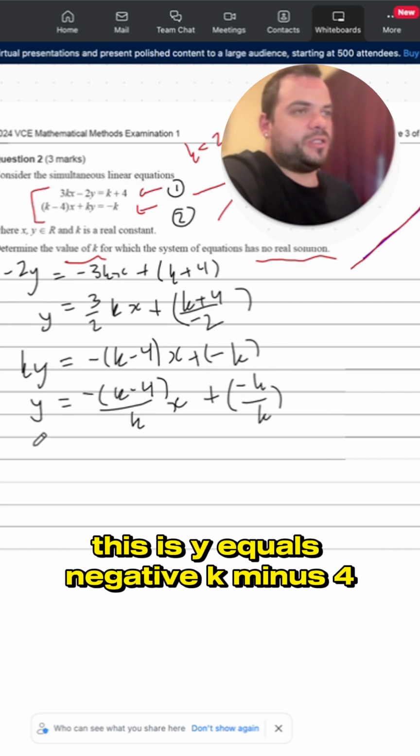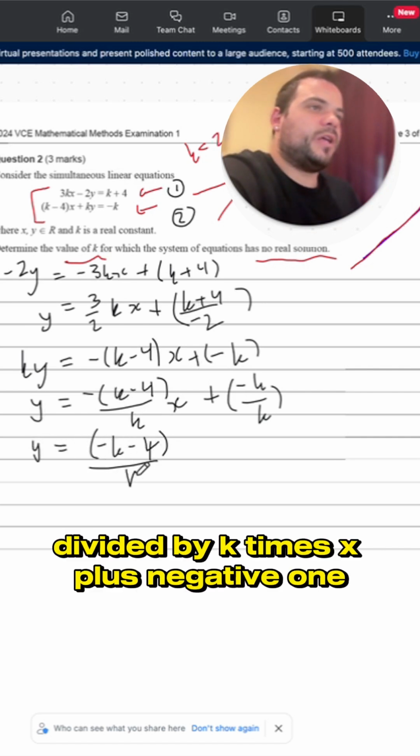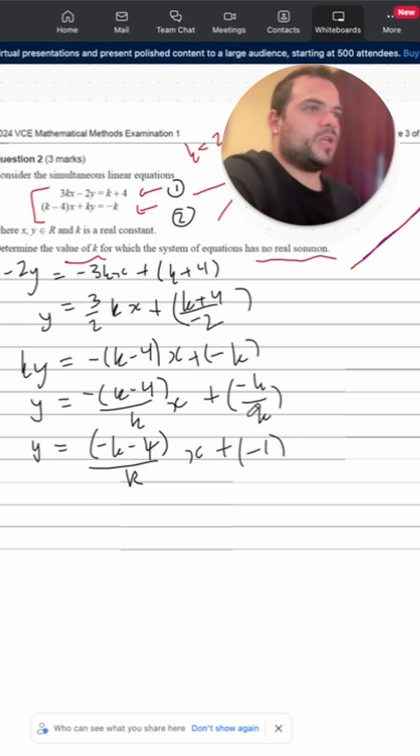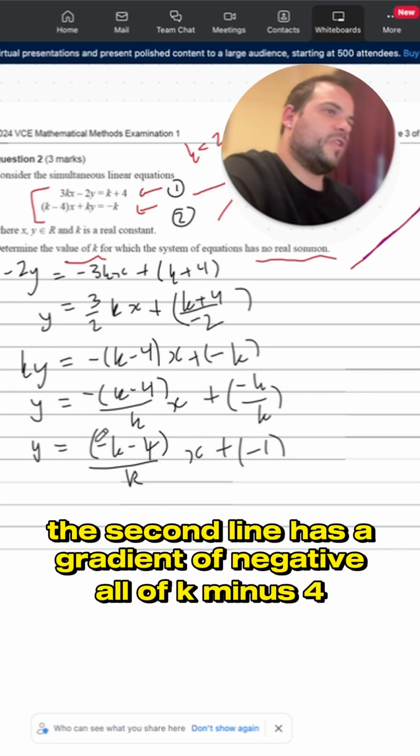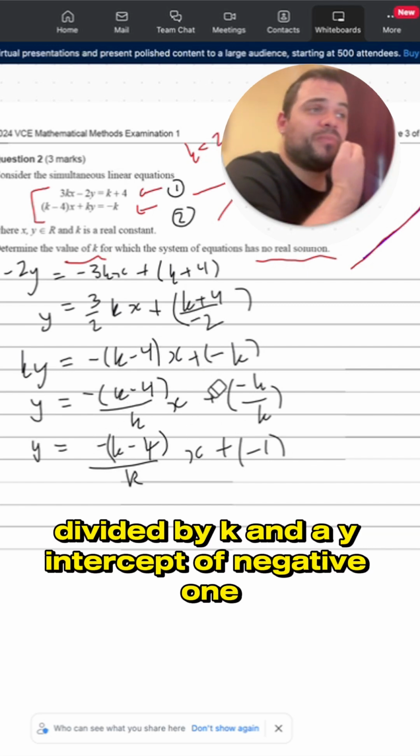So this is y equals negative (k minus 4) divided by k times x plus negative 1. So the second line has a gradient of negative all of (k minus 4) divided by k and a y-intercept of negative 1.